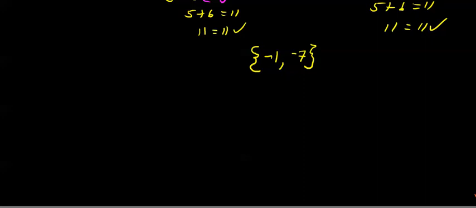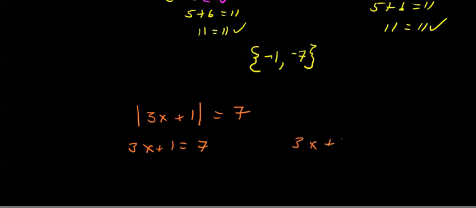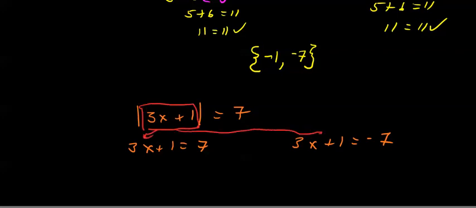If my equation looked like this, absolute value of 3x plus 1 equals 7, I'd have 3x plus 1 equals 7, and 3x plus 1 equals negative 7. We always take what's inside and we write it down twice. We take this number, we have it positive, and we have it negative.